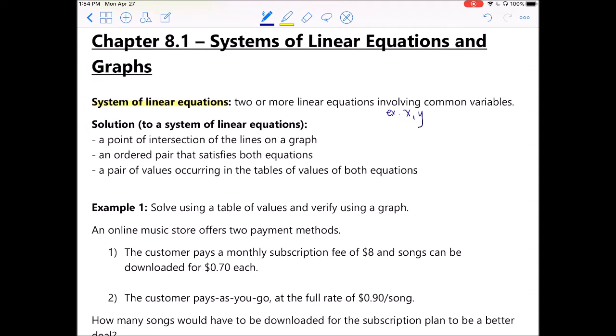And the solution to a system of linear equations is essentially a point of intersection of those lines, or an ordered pair, which is a different term for a coordinate, a pair of values, same thing. So essentially, we're finding coordinates where these equations, when graphed, intersect.